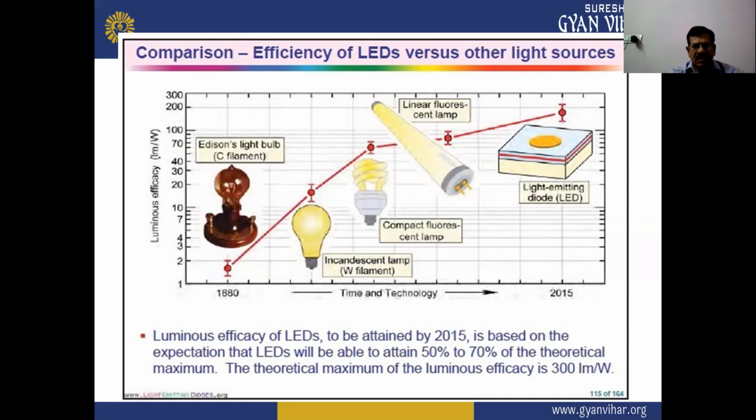Luminous efficiency of LED to attain by 2015 is based on the expectation that LED will be able to attain 50% to 70% of the theoretical maximum of the luminous efficiency, which is 300 lumens per watt. So there is the comparison of different luminous efficiency versus time and technology.